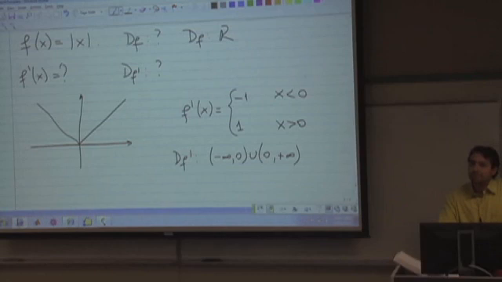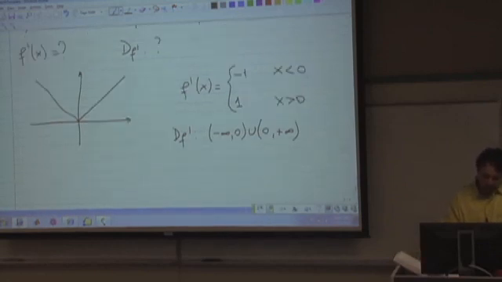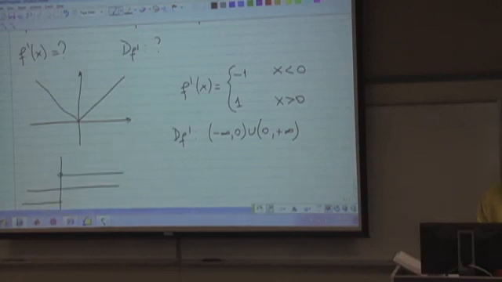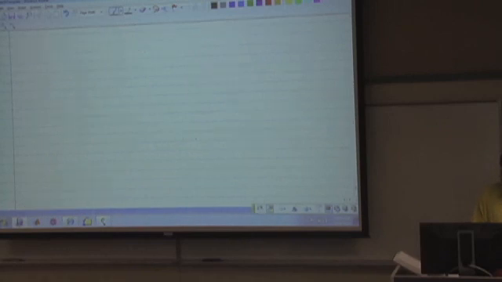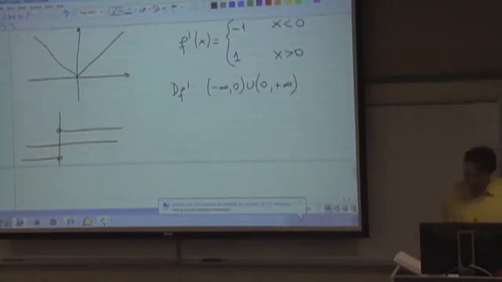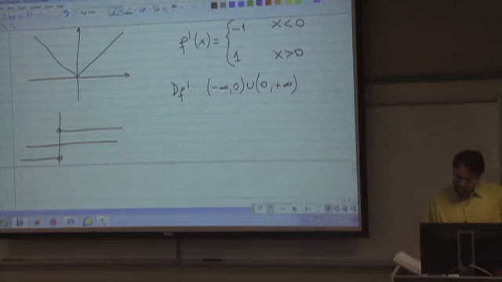Does this make sense? Let me see. Yes. The derivative, think of like an imaginary line that just crosses the axis once.